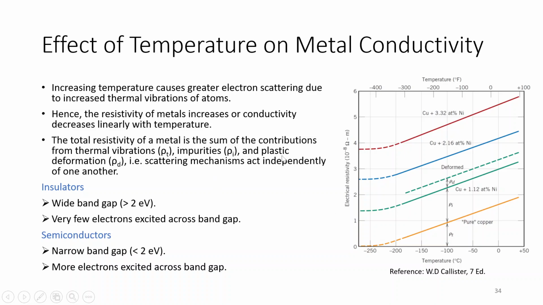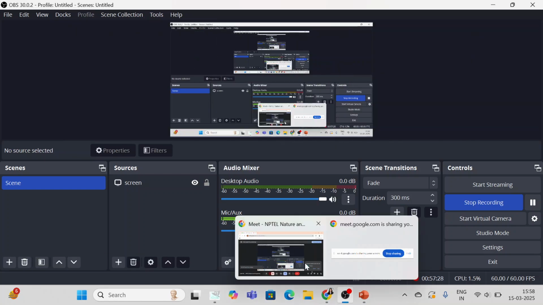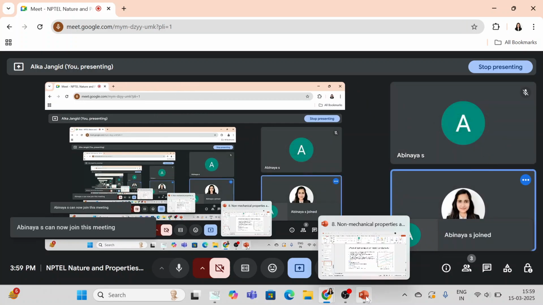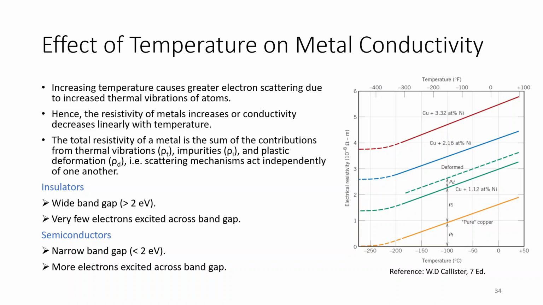Next is plastic deformation, rho D. If this material is deformed further, this amount of resistivity will arise because of deformation. So the total resistivity of a metal is the sum of contributions from thermal vibrations, impurities and plastic deformation.